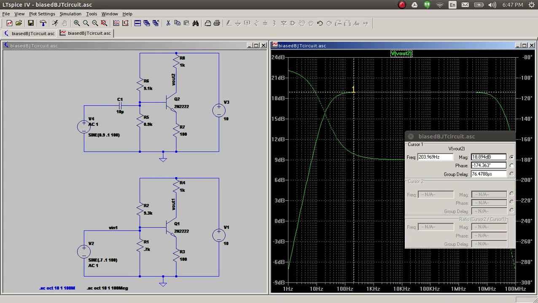And if we wanted to get a larger gain, one way to do it is to leave the DC part as it is and just add a large capacitor. I can just say capacitance here.